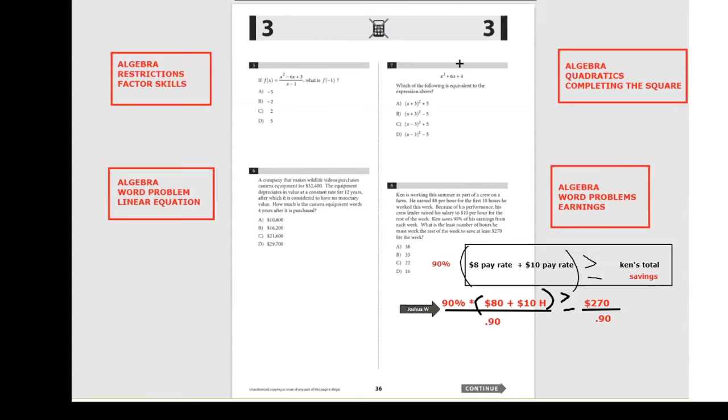Mm-hmm. So then we have 80 plus 10H, more hours working on the farm. But he wants at least $300 when he saves. So what do we do next? Subtract the 80. Now subtract the 80, yeah.